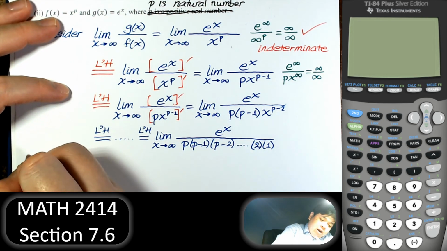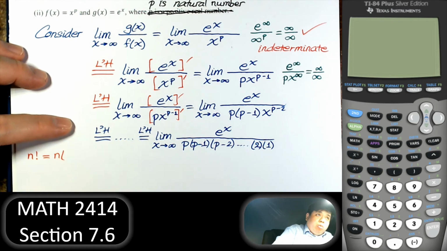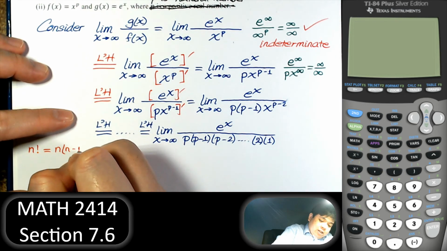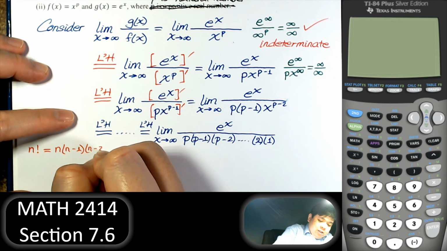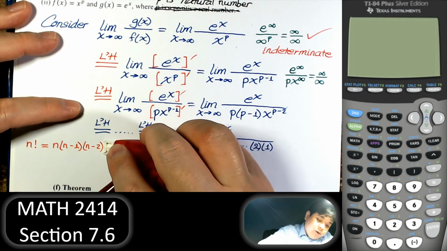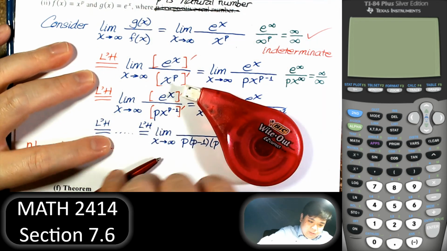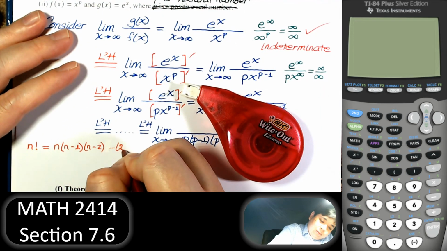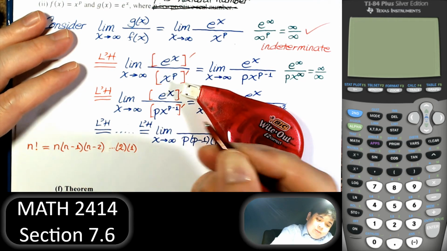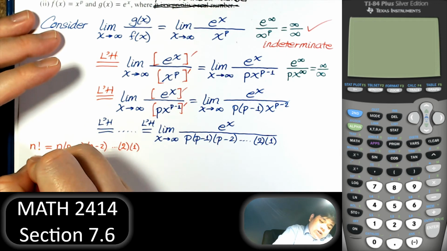So the way we define factorial is equal to the product from n back down to 1, and because 0 factorial is 1.